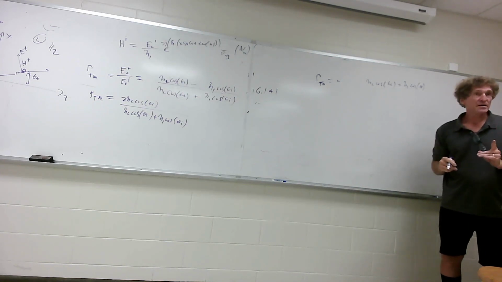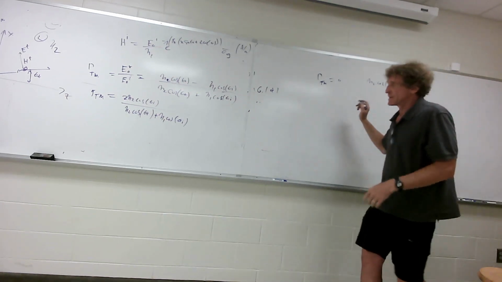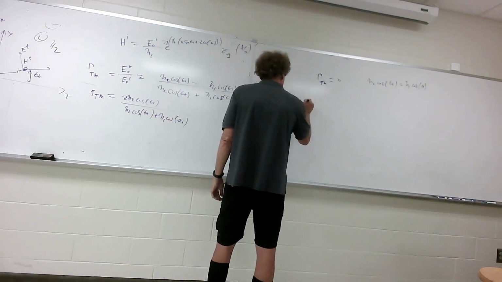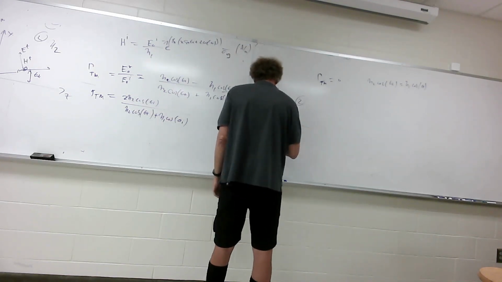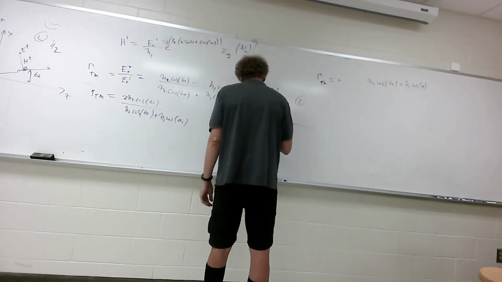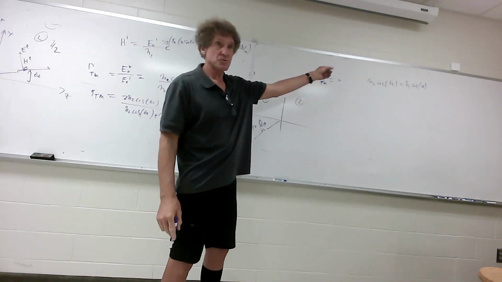Now, there will be a unique angle called the Brewster's angle. And Brewster's angle always has to do with an angle of incidence. This is region 1 and this is region 2. We're coming in at a certain angle of incidence. When the angle of incidence equals the Brewster angle, everything is transmitted, or this is true.